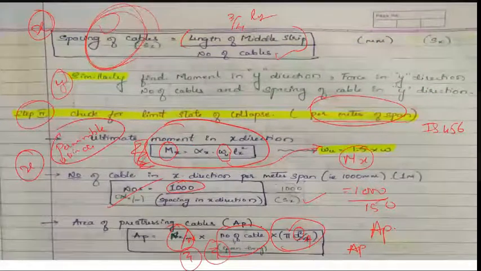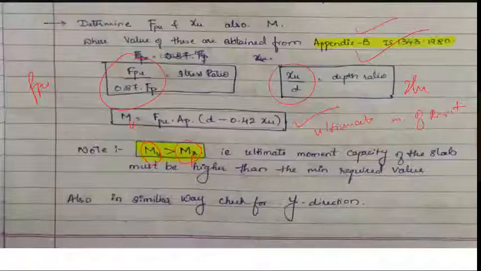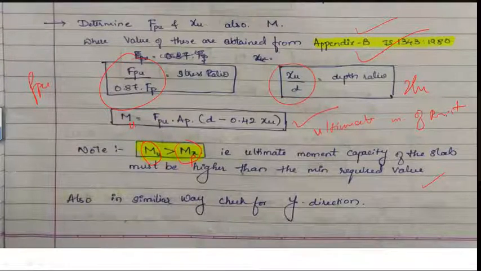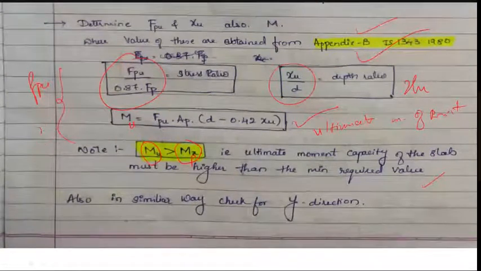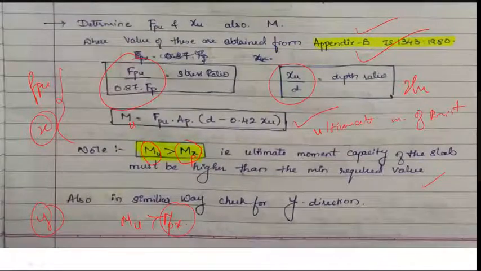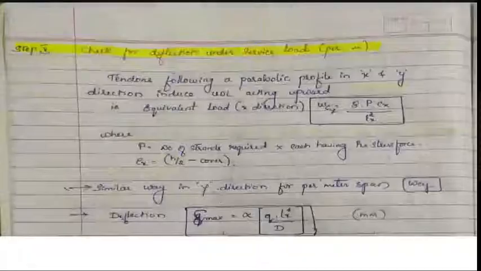It should be less, if not you should increase the depth and repeat the same procedure. Then this whole thing was for the x direction. Similarly, go for the y direction. Check that Mu is greater than Mpx, that is ultimate permissible moment in the x direction. It should be greater. Then we can say our slab is safe.